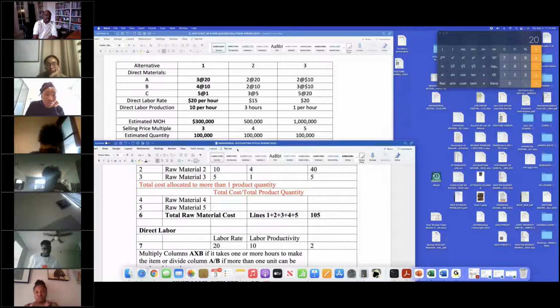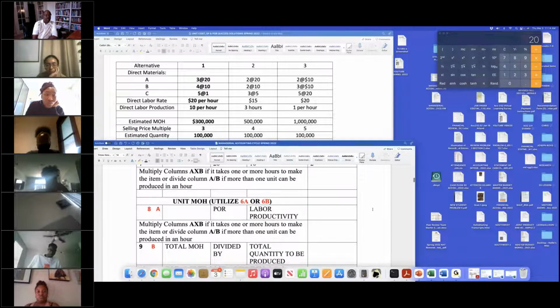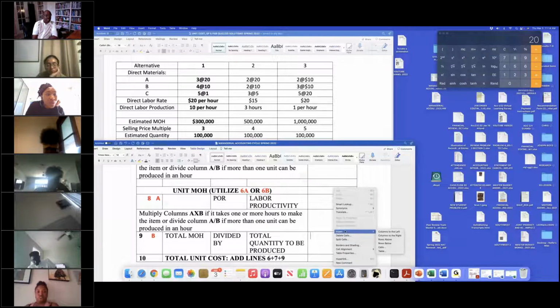Then for our overhead, we're just going to go the simple route. The total overhead is what? 300,000. Let me insert a row below. Okay, so I insert a row below.